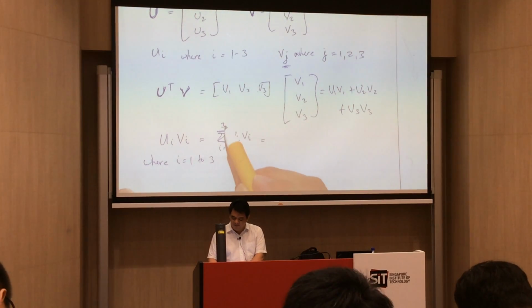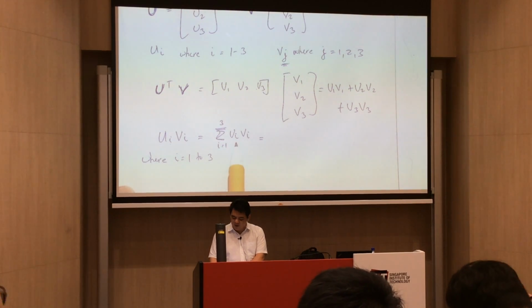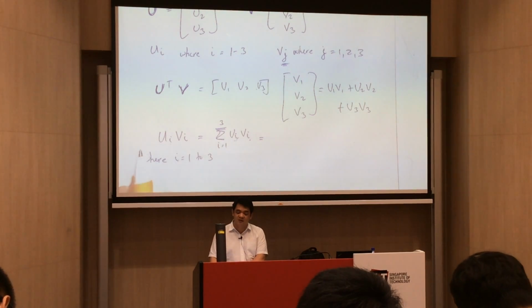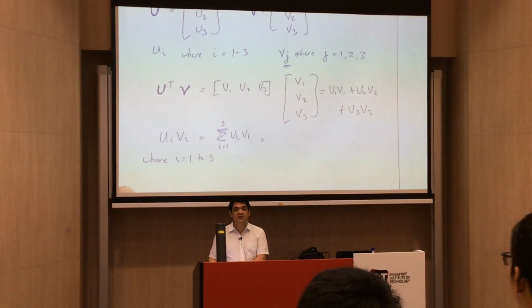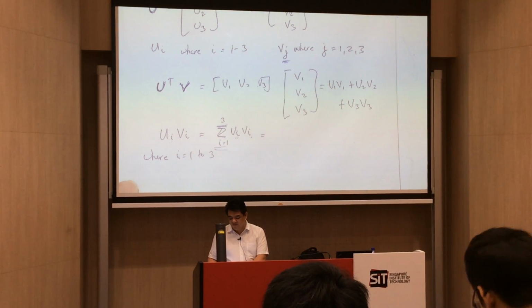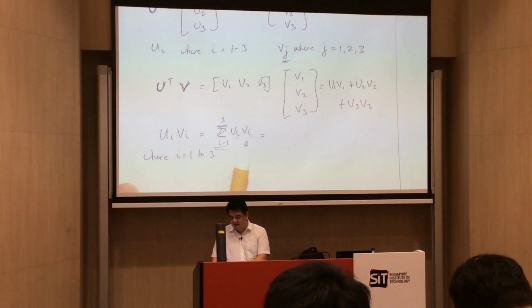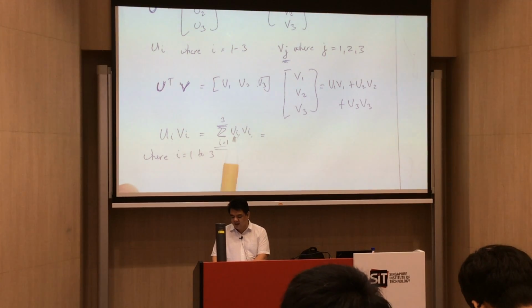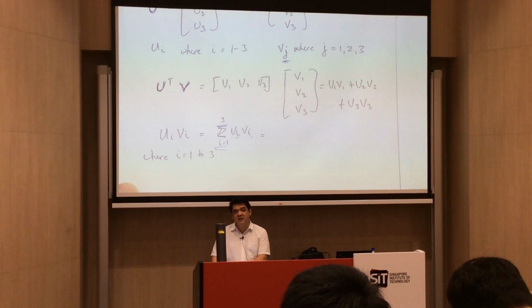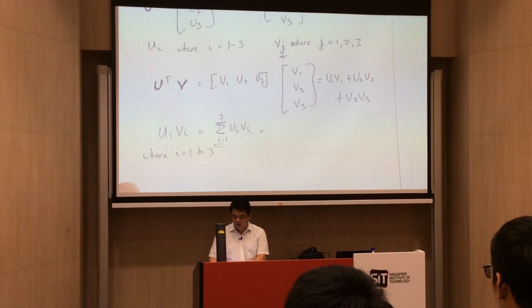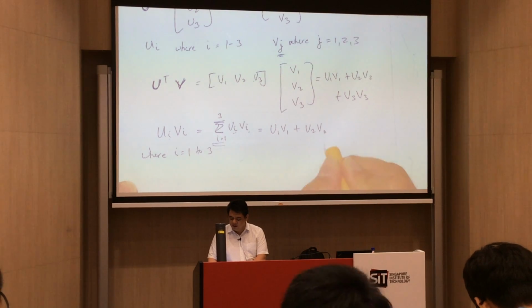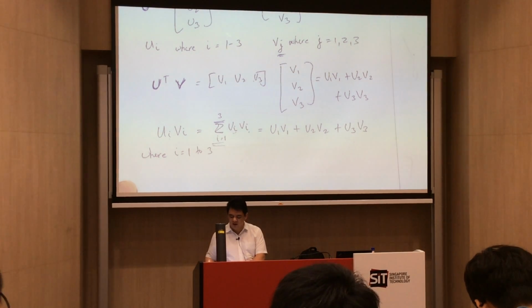But what was observed before is that if you have a repeated index, it's actually a summation. So to further simplify, you just remove the sigma. Nothing scientific about this. What was observed is that if you have a summation and repeated index, there's always a summation. So that's where the rule comes from: if you have a repeated index, you have a summation. So then you have U1V1 plus U2V2 plus U3V3.